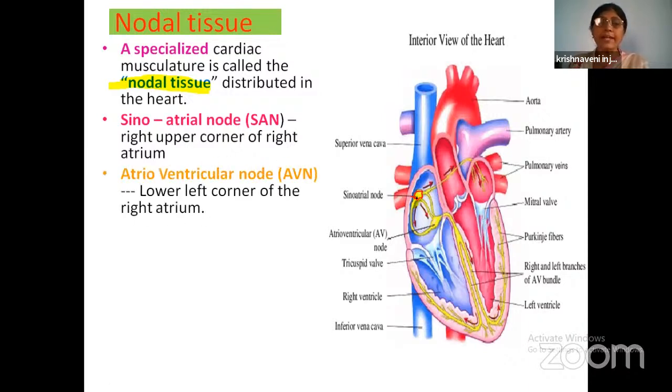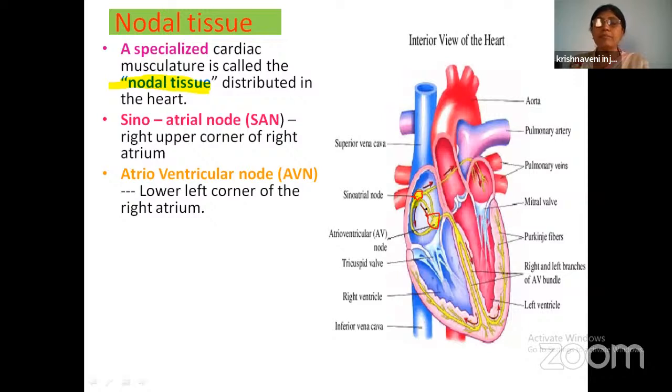And the next one is the atrioventricular node. The other one besides the sinoatrial node is the atrioventricular node. You can see I am giving a red color outline. This is the atrioventricular node, AVN. Where is it located? It is located at the lower left corner of the right atrium.